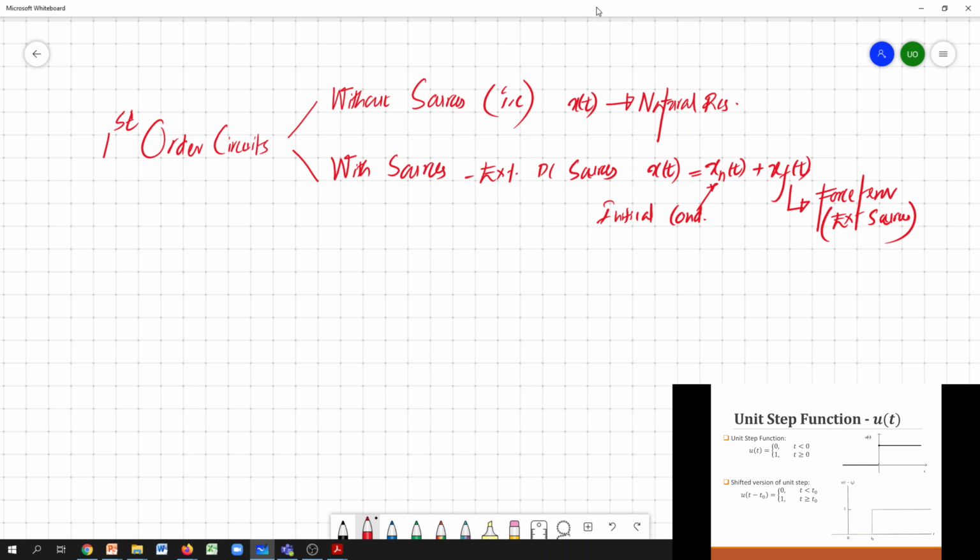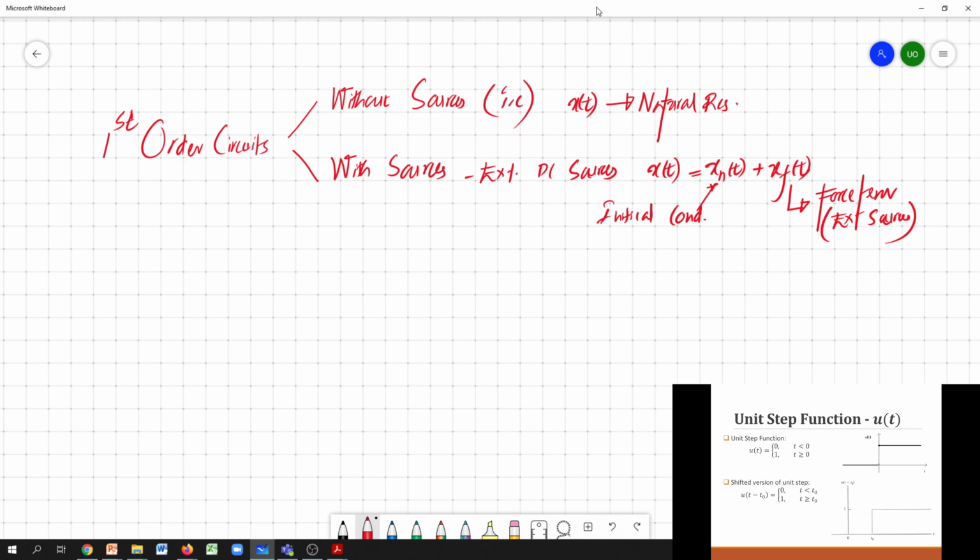So the forced response is a contribution of external sources, while the natural response simply comes from the contribution of the initial conditions of the circuit. Then we found how to evaluate the forced response and natural response.